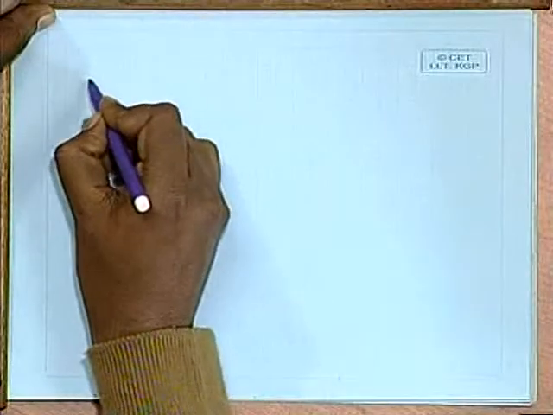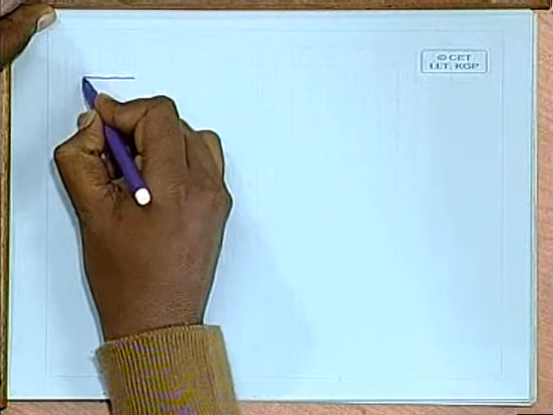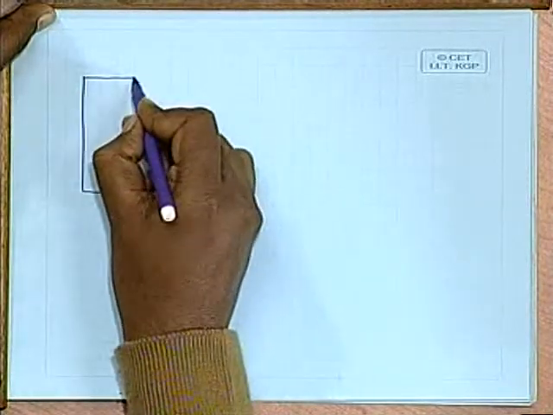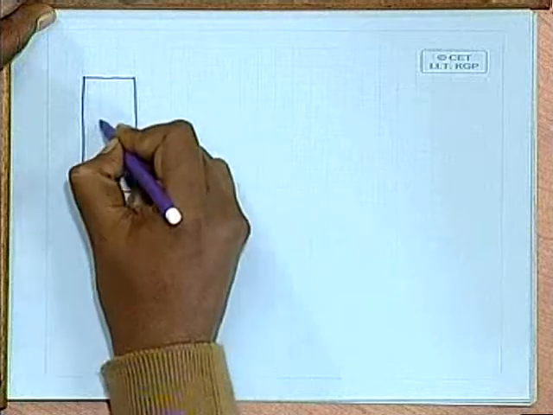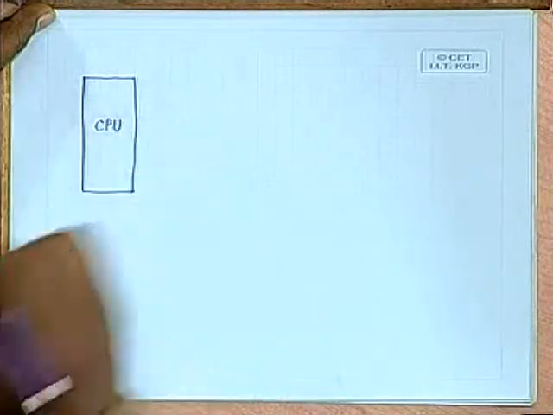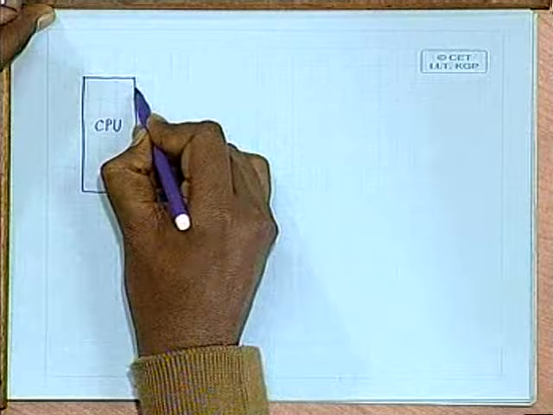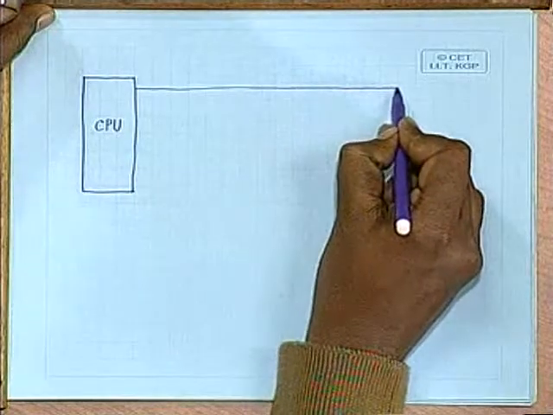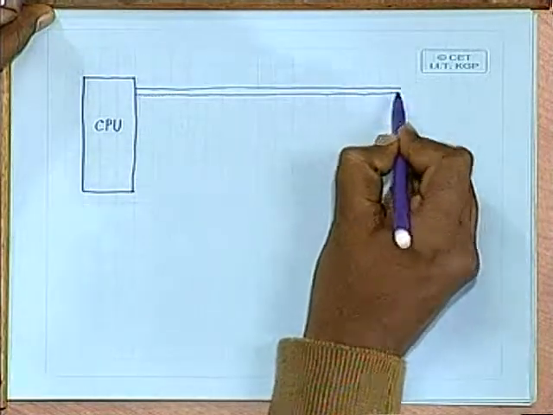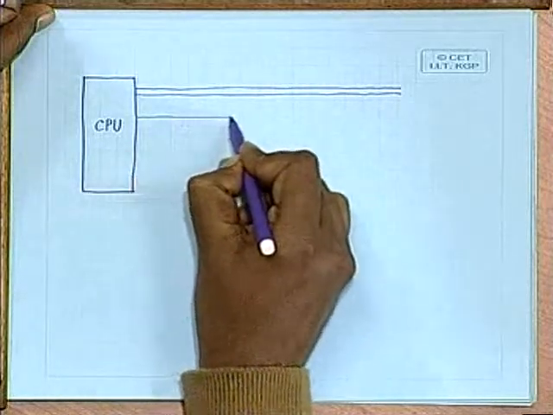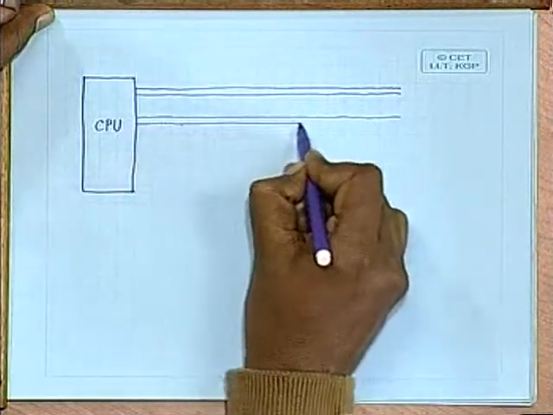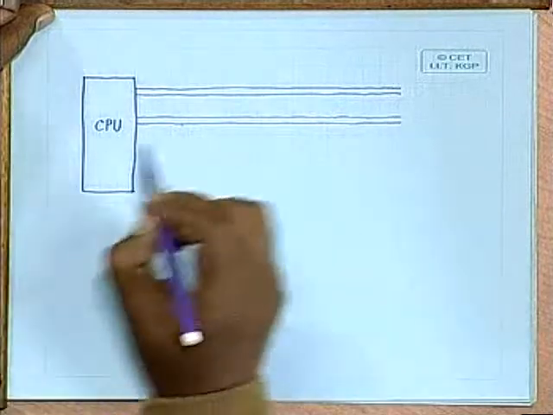So, if I represent this CPU by a single block, this is the central processing unit. It will have a number of pins using which we can interface the CPU with external memory, or with input output devices.